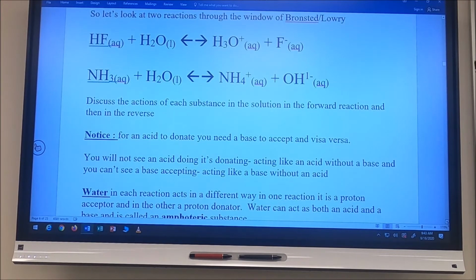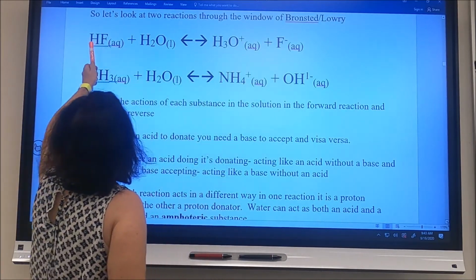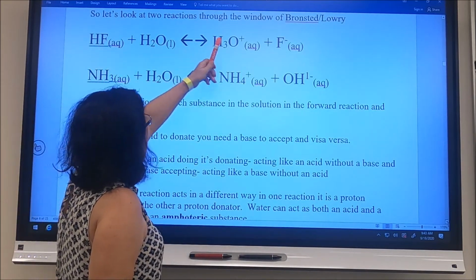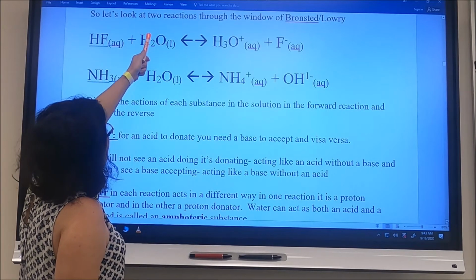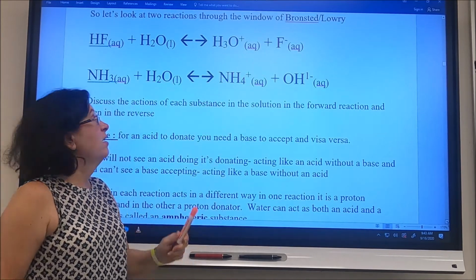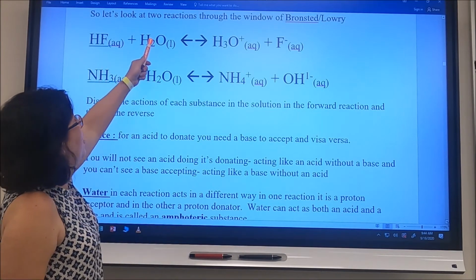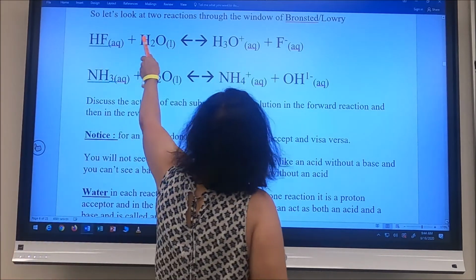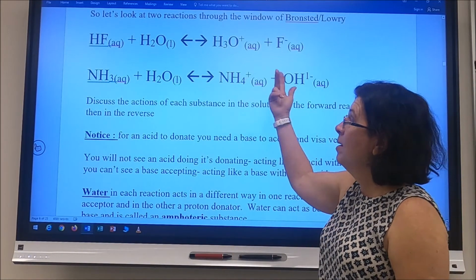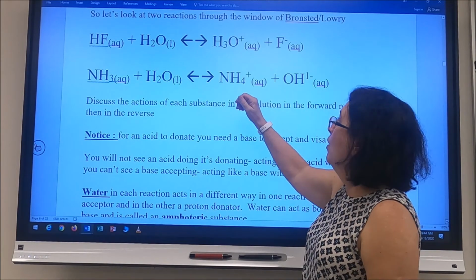So let's look at these two reactions. HF plus water going to hydronium ion and the fluoride ion. Okay? HF goes to the fluoride ion. So moving from reactant side to product side, HF donates a hydrogen ion to water to give us the hydronium ion and the fluoride ion. So acid, and water here is acting as a base, okay, because it accepted. Now, if we think about this reaction running in reverse, because remember it's going to come to dynamic equilibrium, so the reaction is happening in both directions.